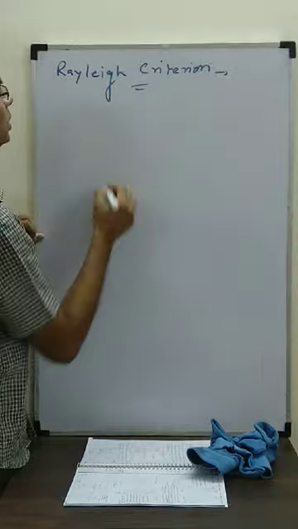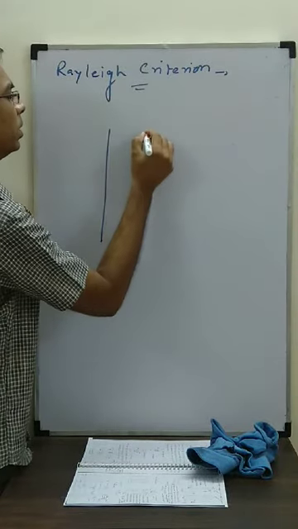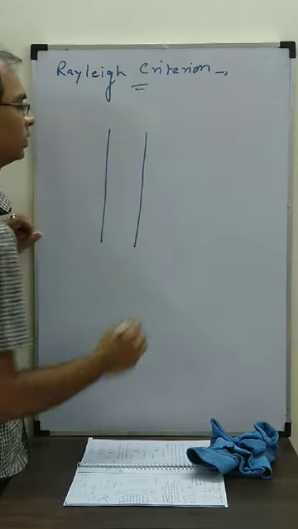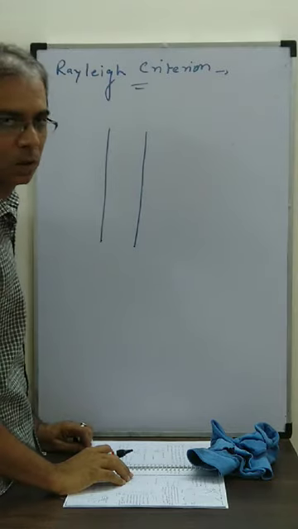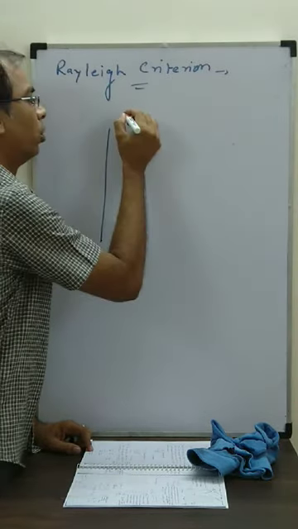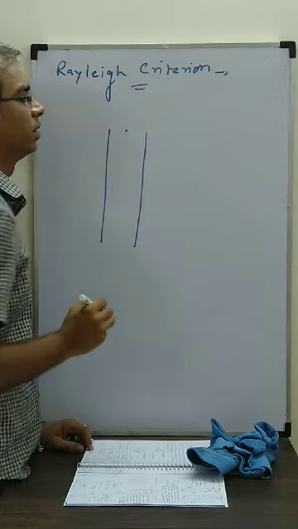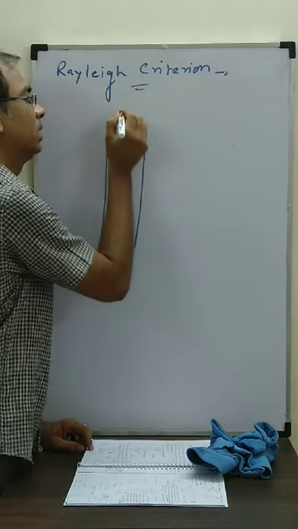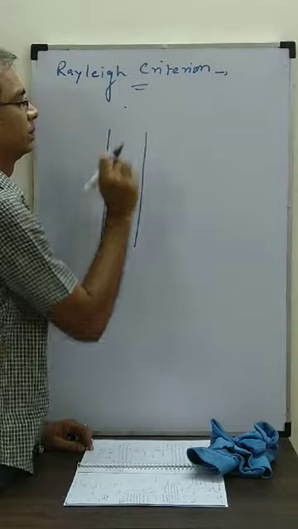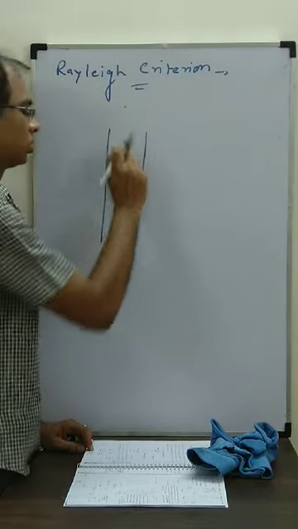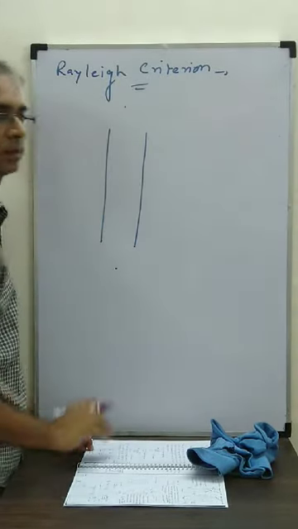What he said was, when we are talking about the standing waves in organ pipes, the node is not happening right at the end of the pipe. It is happening somewhat above it, this side also and this side also.